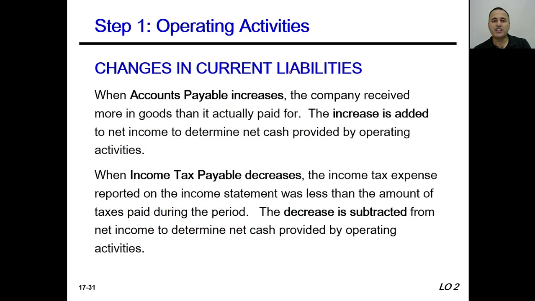Now, changes in current liabilities. When accounts payable increases, the company received more in goods than it actually paid for. The increase is added to the net income. If my liability increases, how does it increase? Suppose I have a $10 liability and now my liability is $50. If my liability increased by $40, it means that it's a cash inflow transaction.